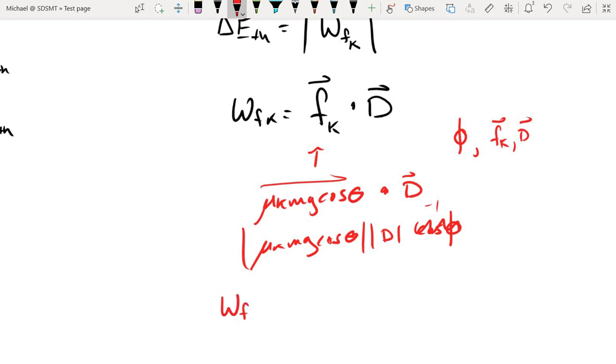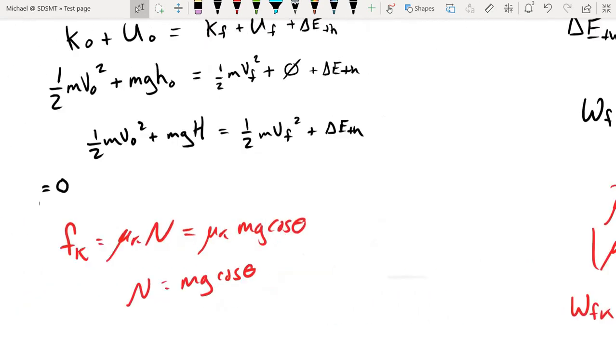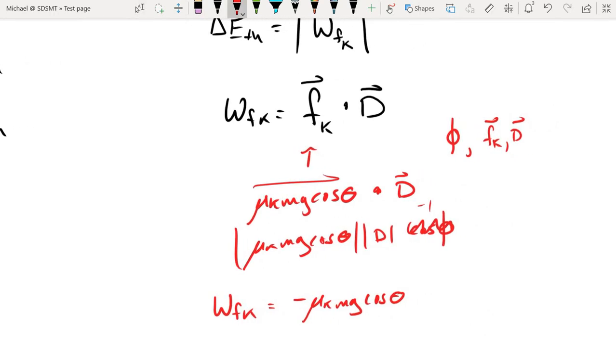And so we have work done in the amount of negative mu k mg cosine theta. And, whoops, I forgot, we also have the displacement value, d. So all of that is the work done by friction.